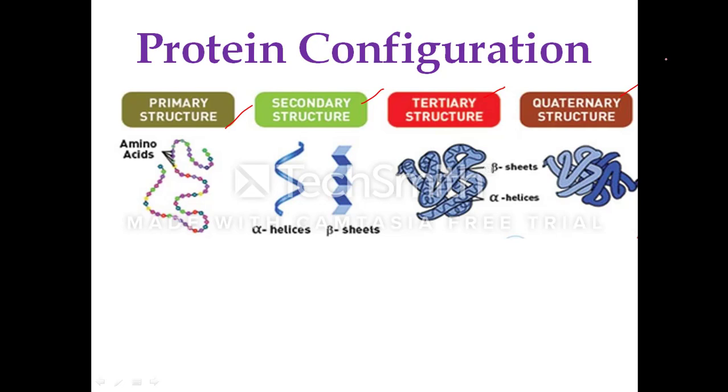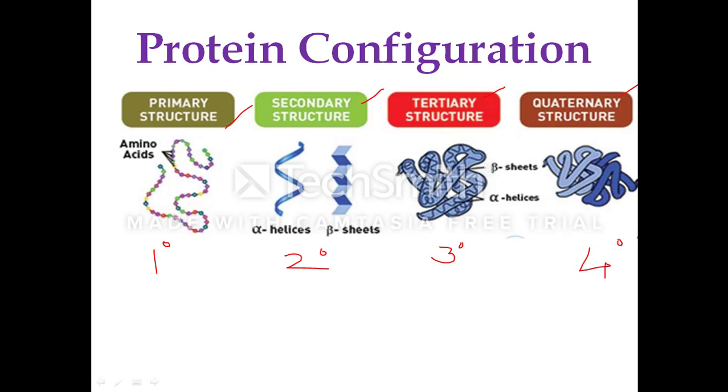In mathematical terms, they can be represented as primary structure like this, then secondary structure like this, then tertiary structure and quaternary structure will be represented like this, respectively.